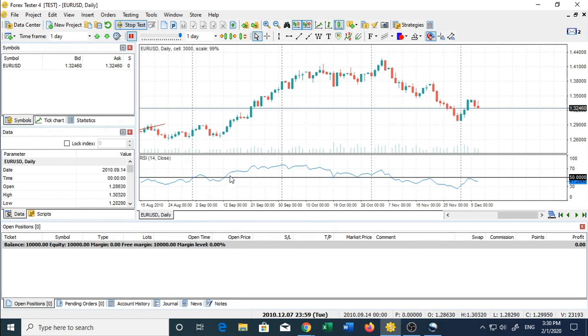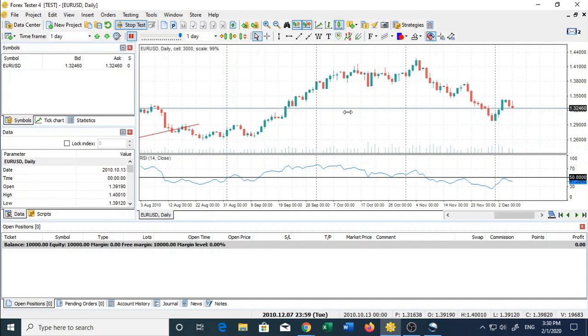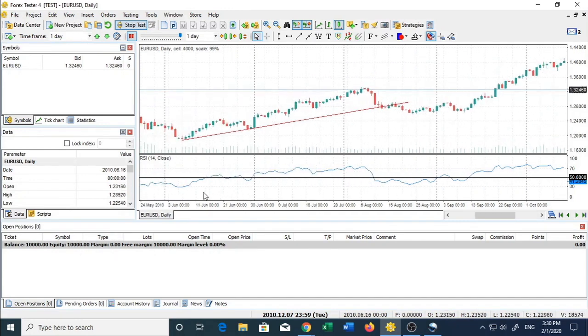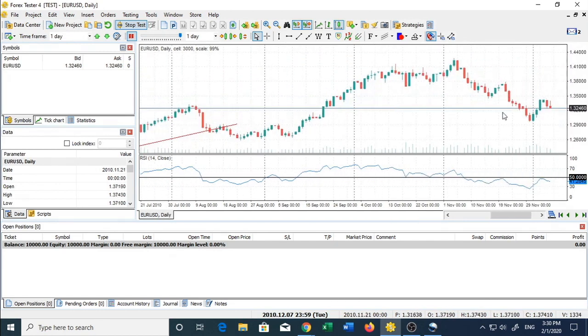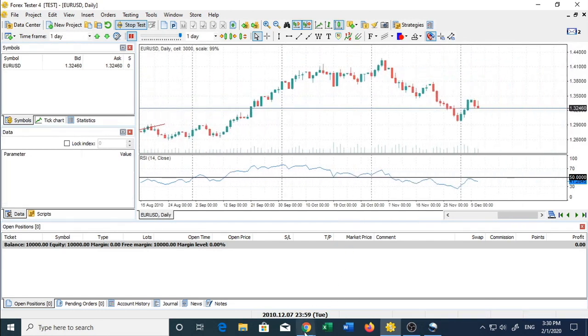So if the line on the graph is above the 50 level, that means the general direction is in an uptrend. But if it's trading below it, like for instance this one, the prevailing trend is going down. Okay, so that's generally what it indicates.